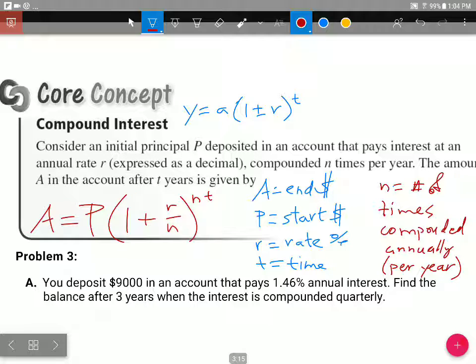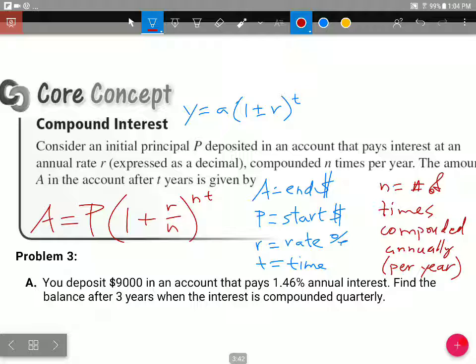All right, any questions so far? And compounding, you got to know how many times it's happened in a year. So we're going to use different terms. Like if we say something is done monthly, well, how many times in a year are you going to do it? 12. All right, you'd be surprised how many people struggle with that one. If I do it annually, how many times a year are we going to do it? Once. If I do it daily, how many times are we going to do it? 365.